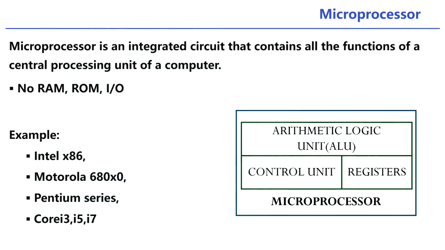Now, we come to an important point. What is a microprocessor? Now let's understand another important concept, the microprocessor. A microprocessor is an integrated circuit, that is IC, that performs all the functions of a CPU, central processing unit, of a computer.